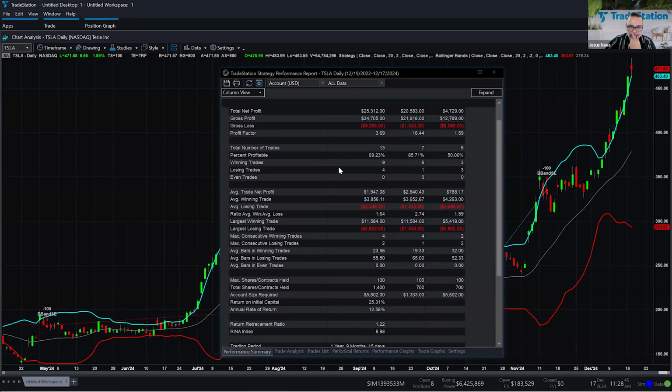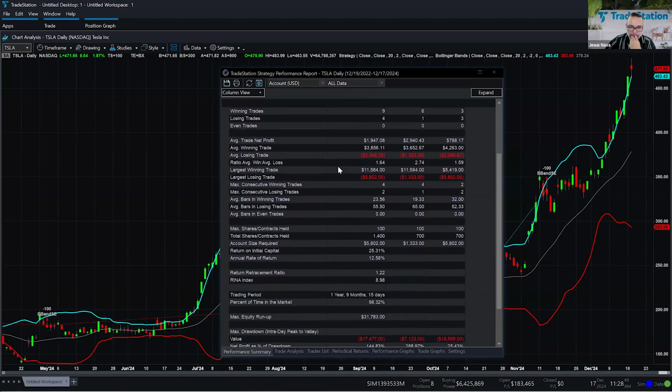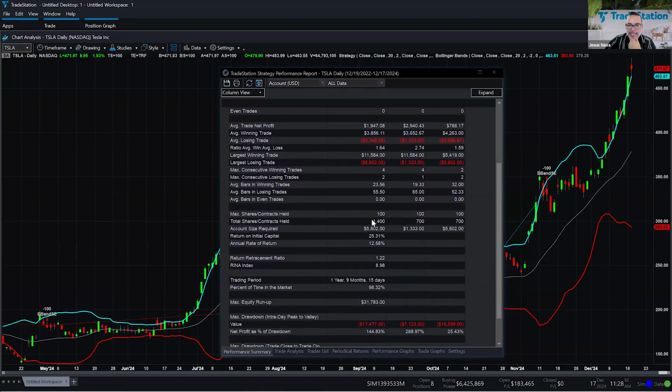This is another thing that catches my eye: percent of time in the market. You are in a position 98% of the time. Now, we know that the longer you are in an open position, the more risk there is.